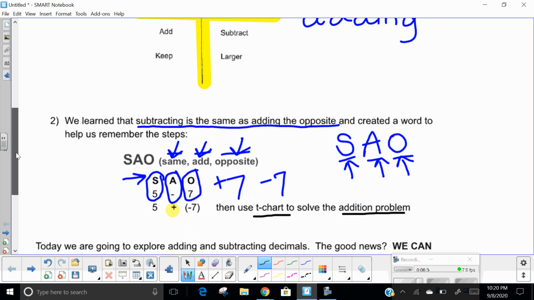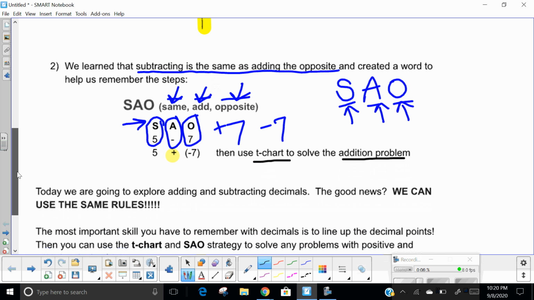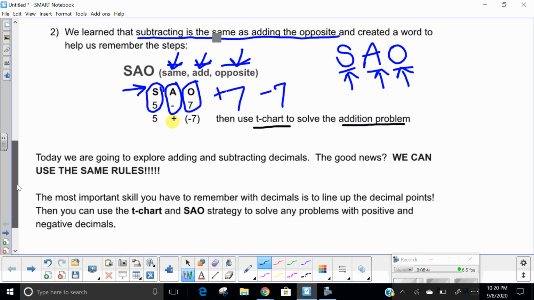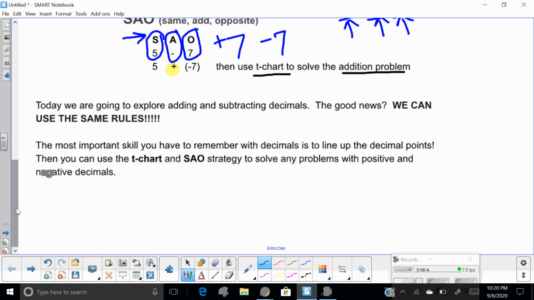And then we would solve, okay? Now, I'm not going to do that problem. Those were just the steps. So today, instead of talking about whole numbers, we're going to talk about adding and subtracting with decimals, okay?